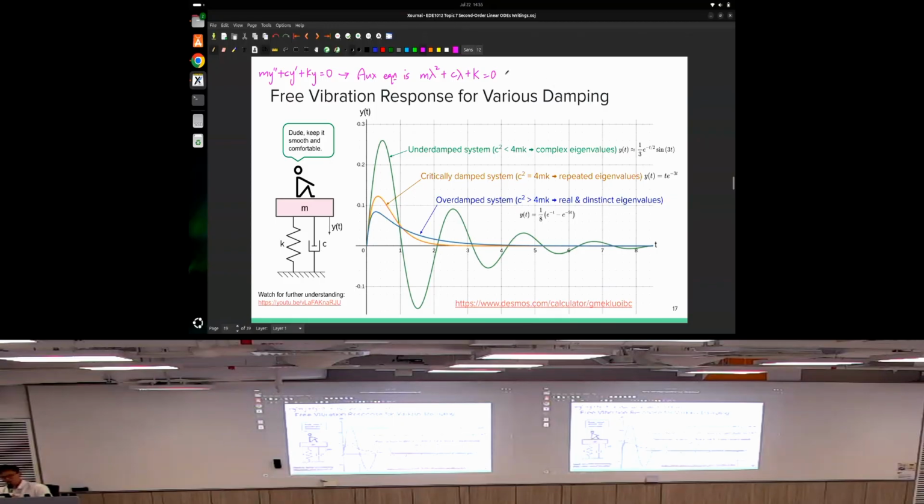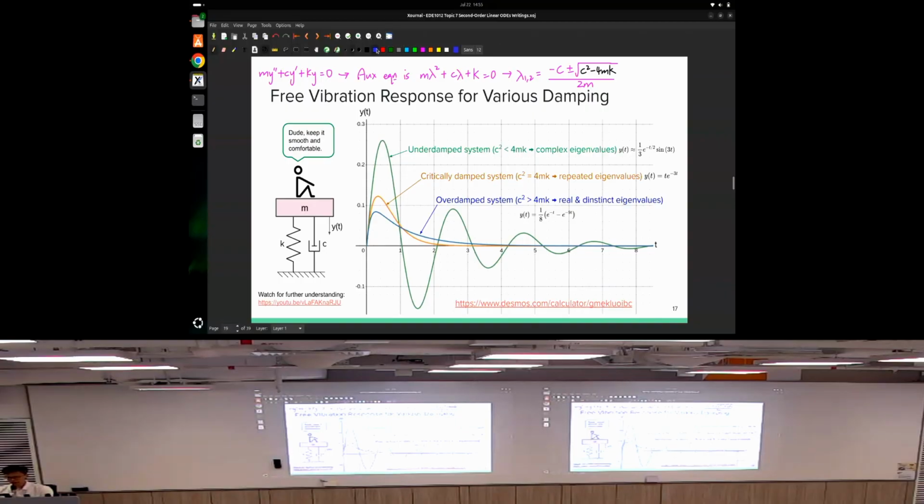So what's lambda? Lambda 1, 2 is minus c plus or minus the root of b squared minus 4ac, which now becomes c squared minus 4mk, over 2m. The type of roots you get depends on the discriminant in the root expression. c squared minus 4mk is the critical term.